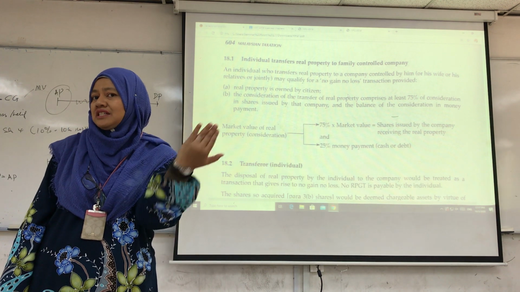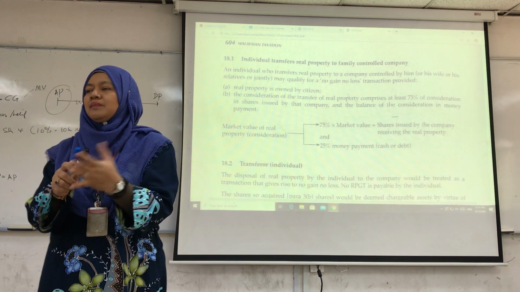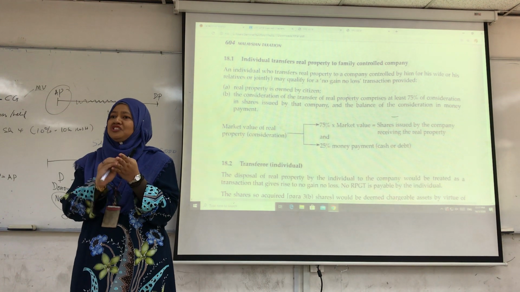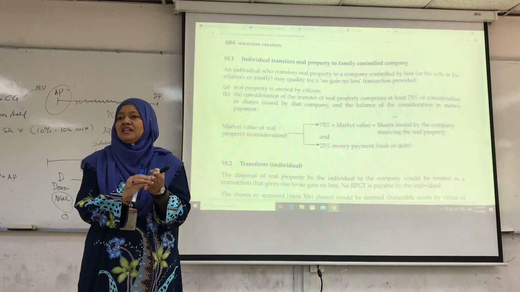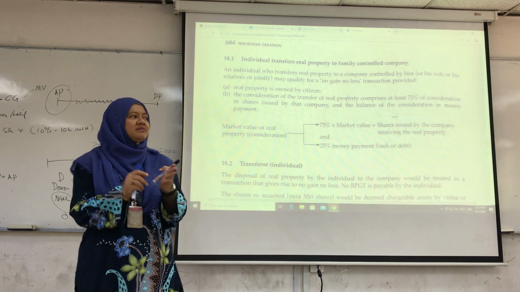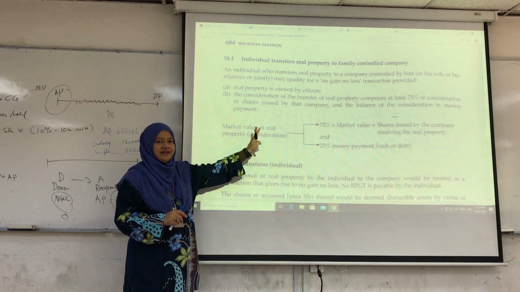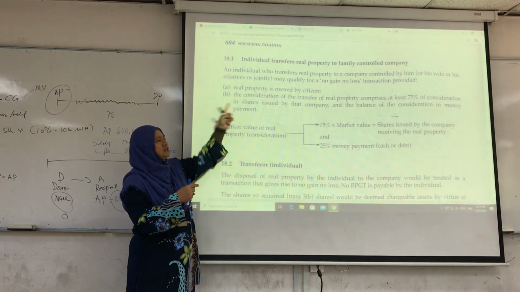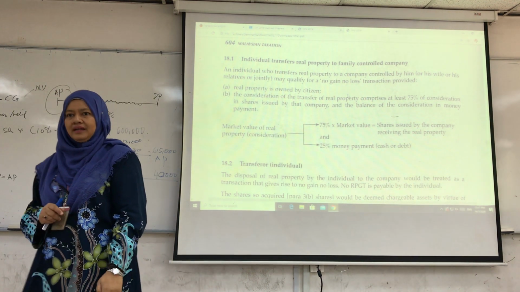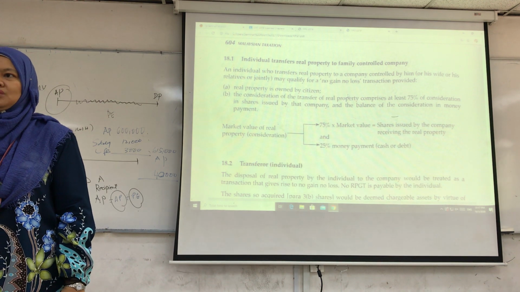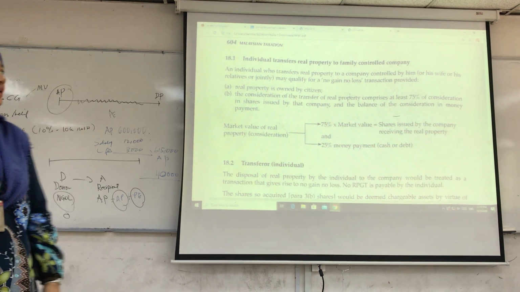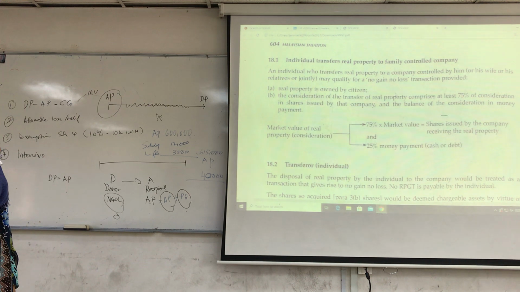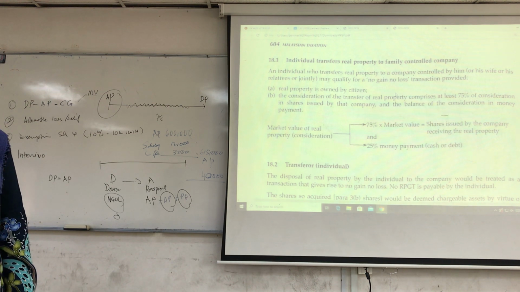So the consideration here, from that 1 million, you have 75% in shares, balance 250,000 in cash. Whenever you have this consideration of 75% or more in shares, then only is it subject to no gain no loss. So the requirement is that it's owned by the individual and the transfer is 75% in shares.